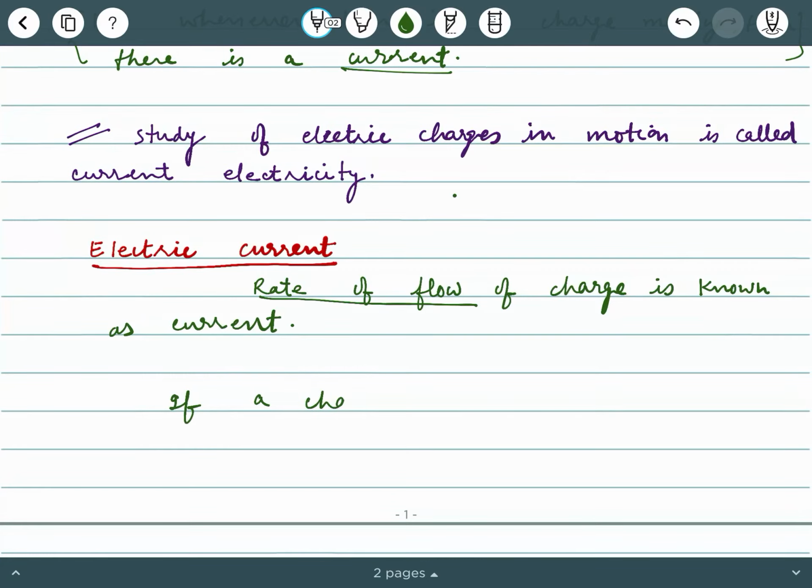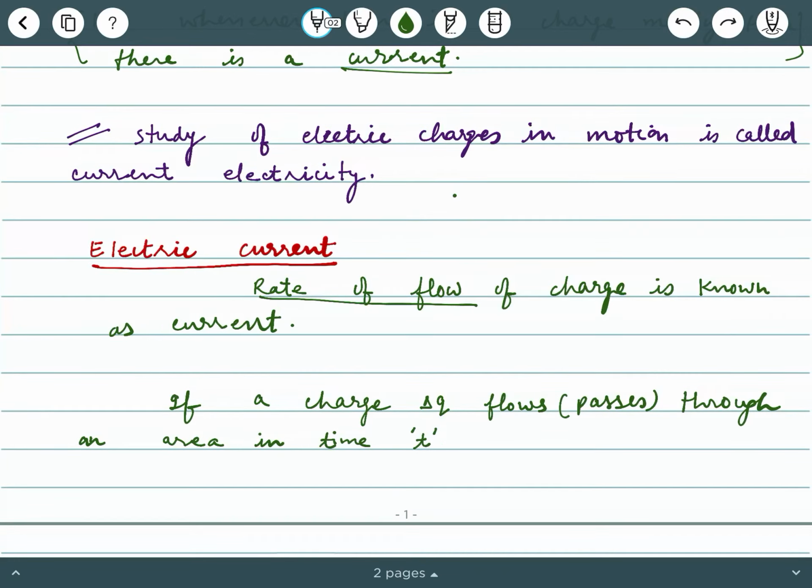It means, for example, if a charge, let us say I write Q, or let us say delta Q, flows, or let us say passes through an area in time t, or I'll write it much better, t to t plus dt, delta t, that is, in delta t time.